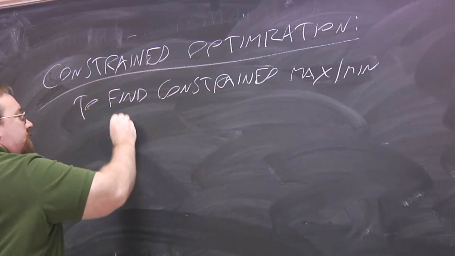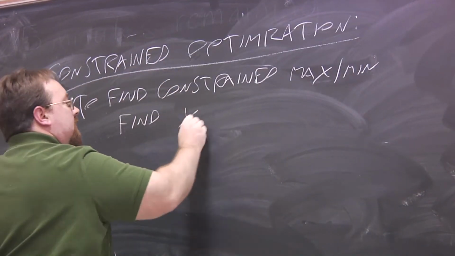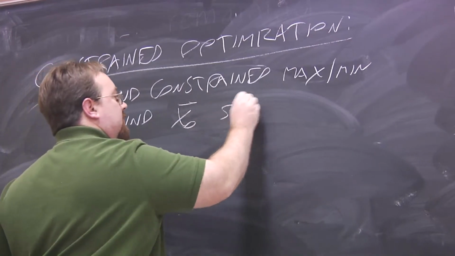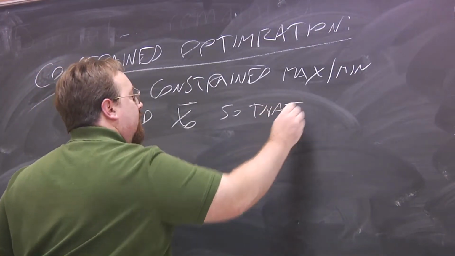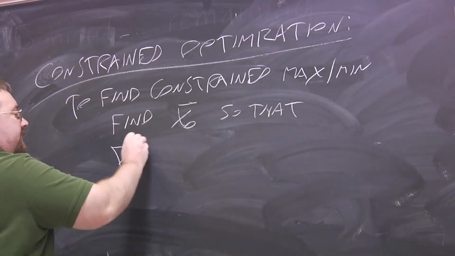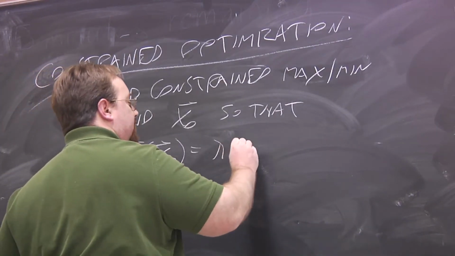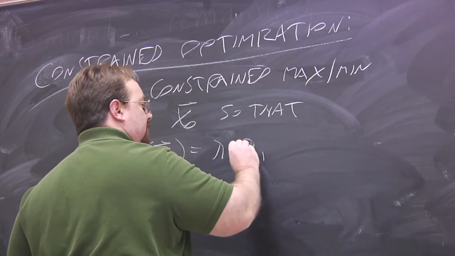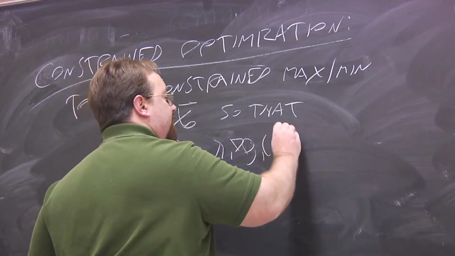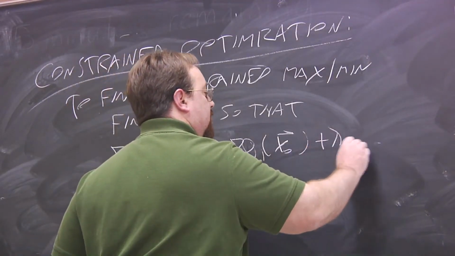Okay. What you do is you find a point, x naught, so that the gradient of f at x naught is this linear combination of the gradients of the g's, your constraints.